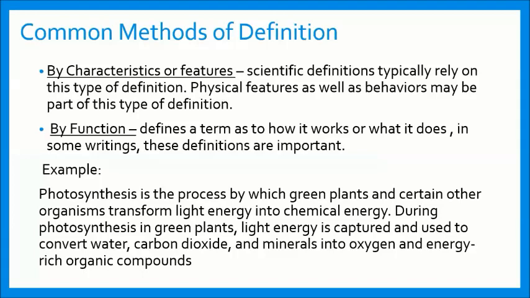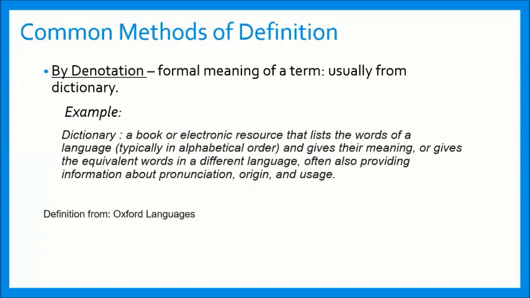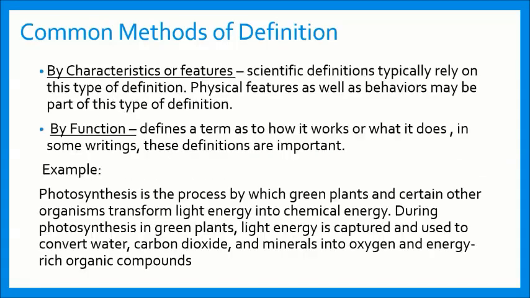If you're going to describe an animal, you can say that a dog is a kind of mammal with 4 feet, 2 eyes, 2 ears, it barks, and it bites. So I'm defining the dog by its physical features and behaviors. So there you have it.